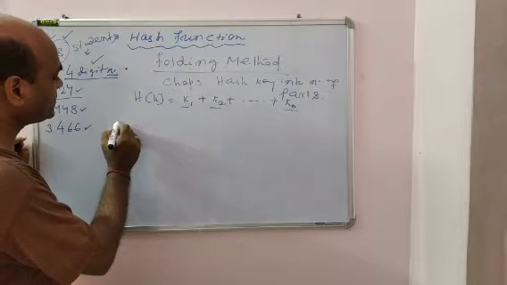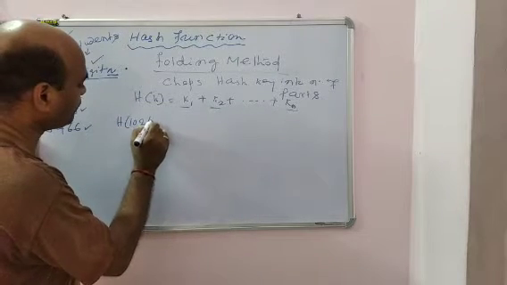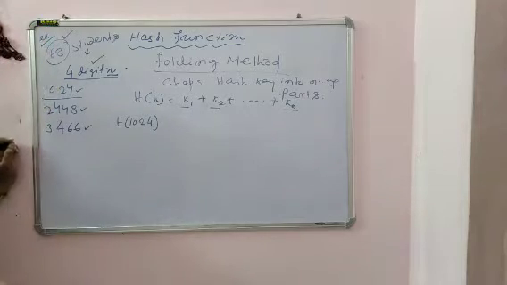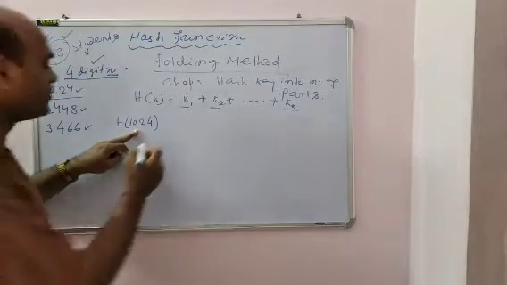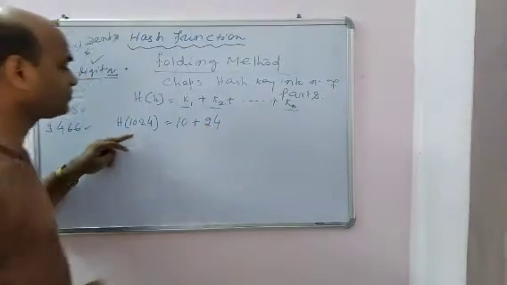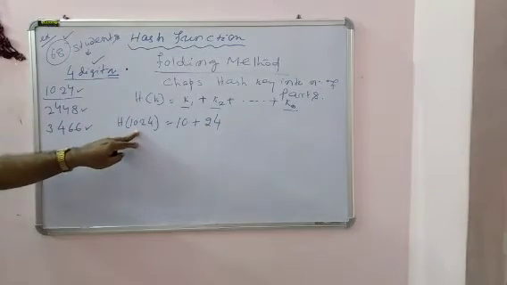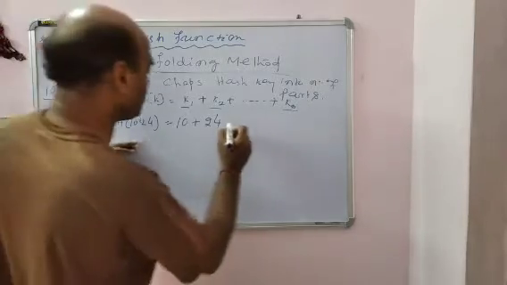The hash address h of k for 1024. Now we calculate the memory address for this key value 1024. So this will be 10 plus 24, which is 34.